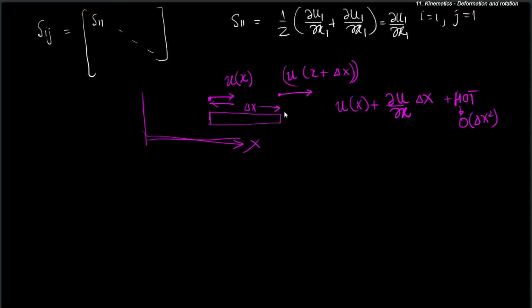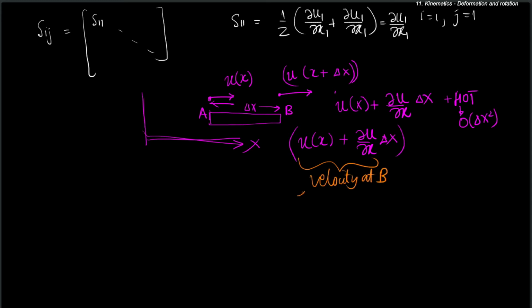So the relative velocity of point B with respect to A is going to be u at x plus del u del x delta x, this particular term, which is the velocity at point B expressed in terms of a Taylor series expansion, minus u at x.